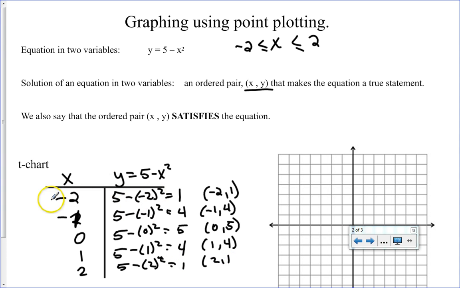So notice that I took the x value and I plugged it in using parentheses. It's important that you do that because if it's negative, you need to make sure that you put it in correctly in your calculator. Otherwise, you're going to come out with the wrong value. Okay?